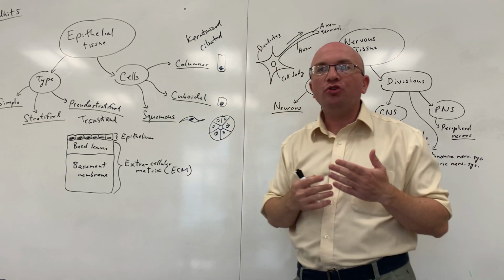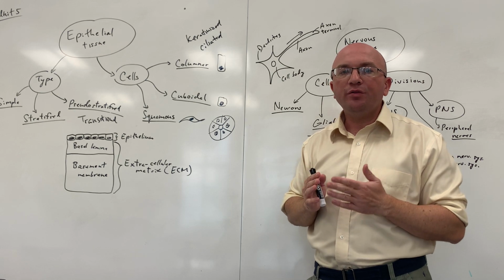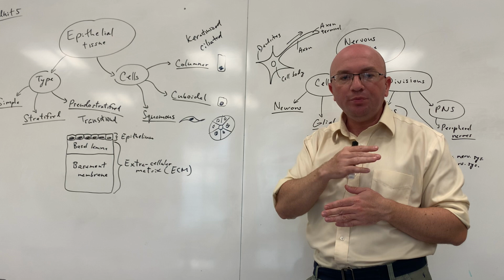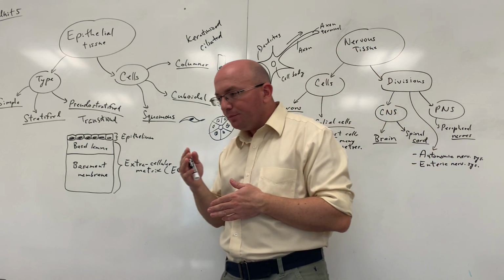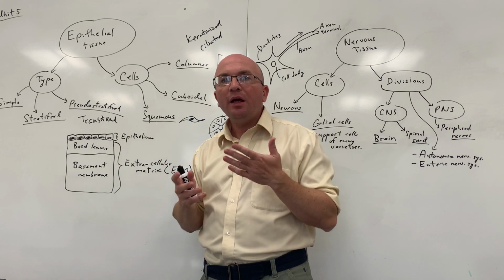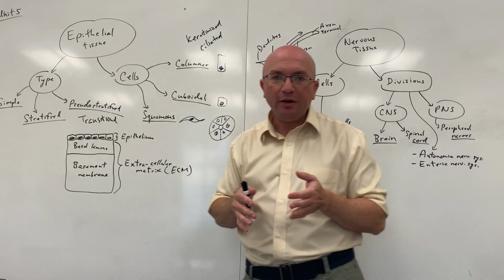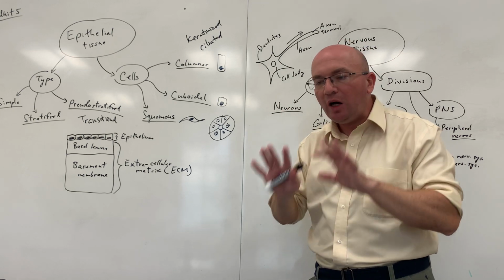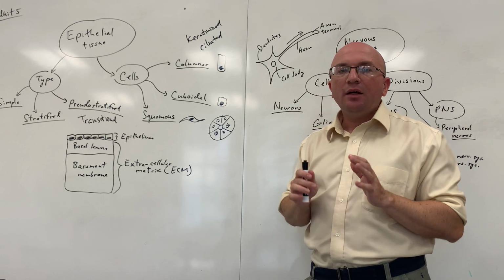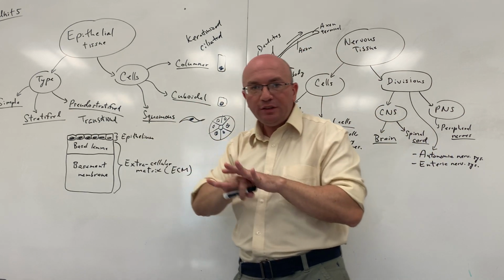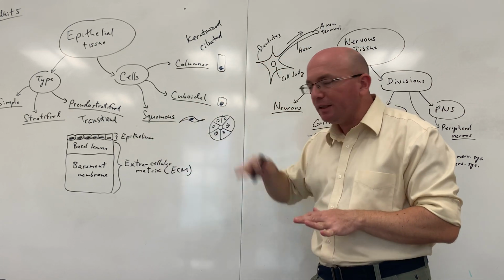Transitional meaning change. So when you think of the urinary system, like the urinary bladder or the ureters, where the urine will be passing through before it can be expelled out of the body, if urine is present in that area and it's compressing the organ, like the walls of the bladder, with the volume of the urine, then those cells would be flattened out, and so the transitional epithelium will have these flat, almost squamous-like cells.